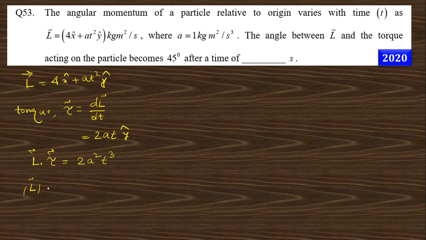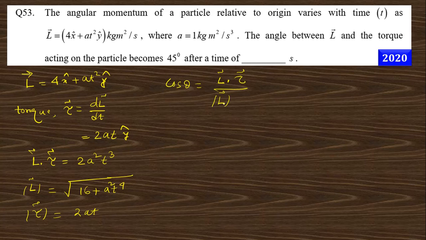The magnitude of L is the square root of 16 plus a square t to the power 4, and the magnitude of tau is 2a t.